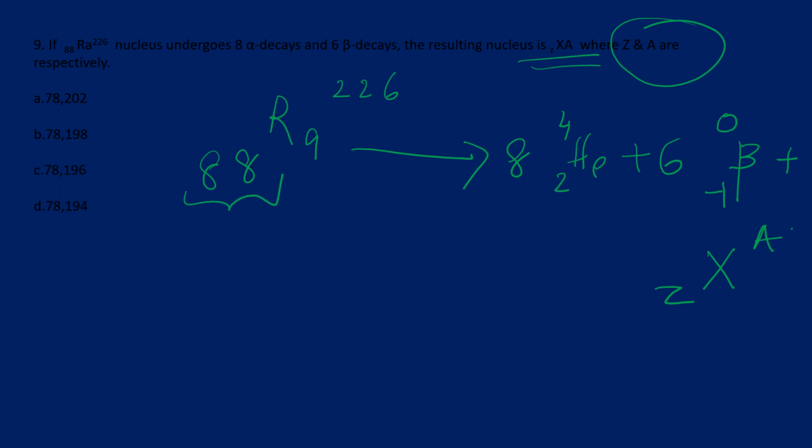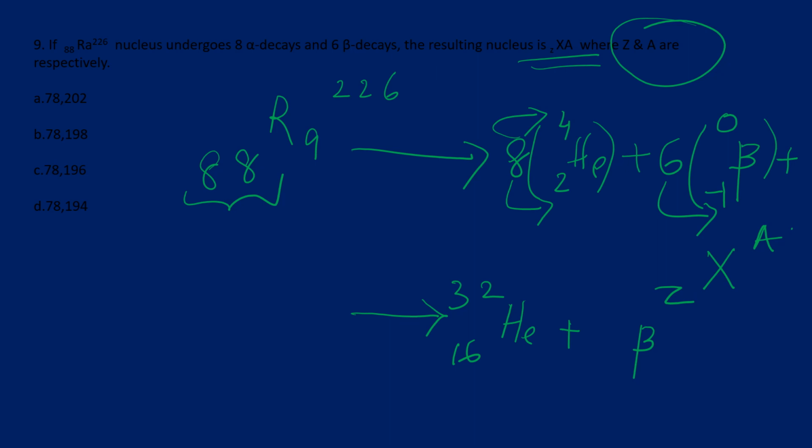So here 88 is the total. Let us find out on the right hand side. This is 8 times, so 8 into 2 is 16, and 8 into 4 is 32, plus 6 times beta: 6 into -1 is minus 6, 6 into 0 is 0, plus XZA. Z is the atomic number, A is the mass number.